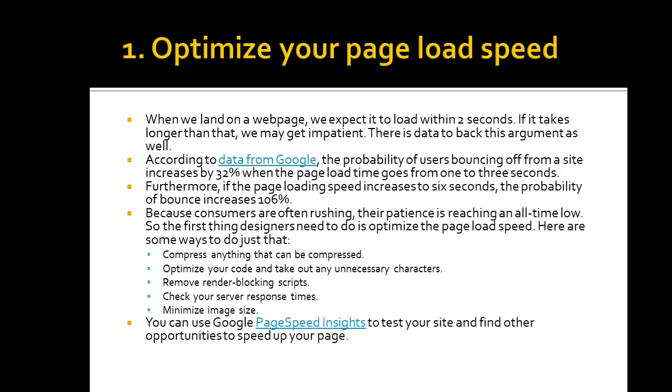Remove render blocking scripts. And check your server response times and minimize image sizes. You can also use Google PageSpeed Insights. You can search this with Google to test your site and find other opportunities to speed up your page.